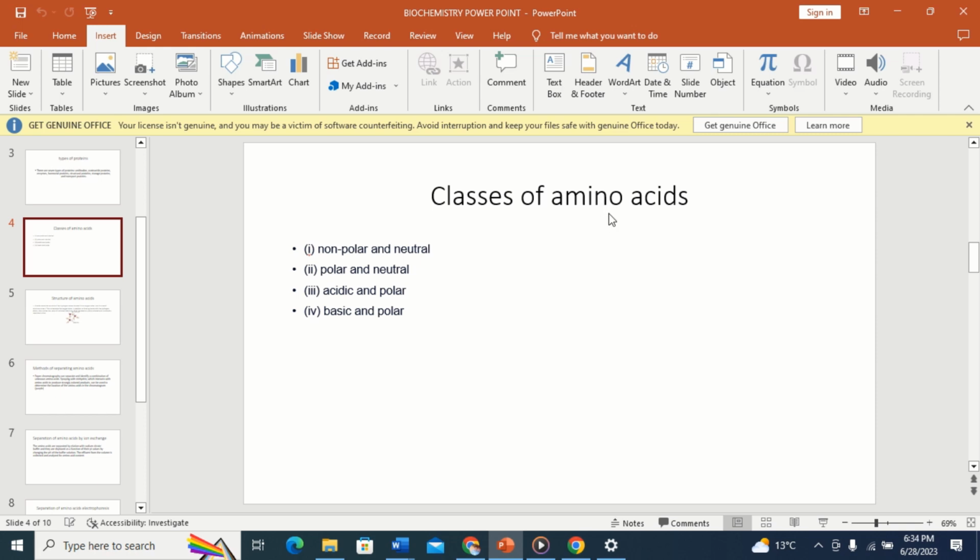Just like the last time when we were talking about carbohydrates, we said that carbohydrates have a building block, the monosaccharides. When two of them are joined together by what we call the glycosidic bond, we have the disaccharides.